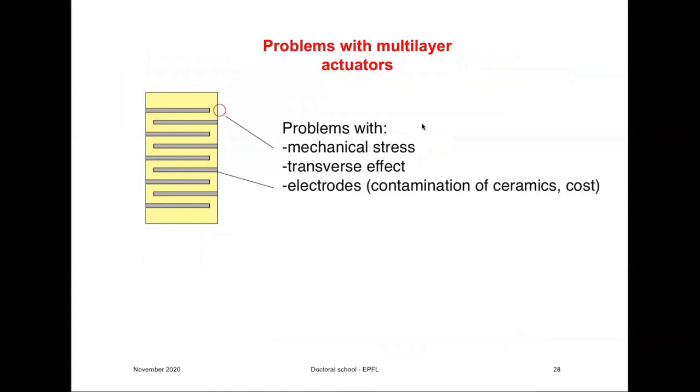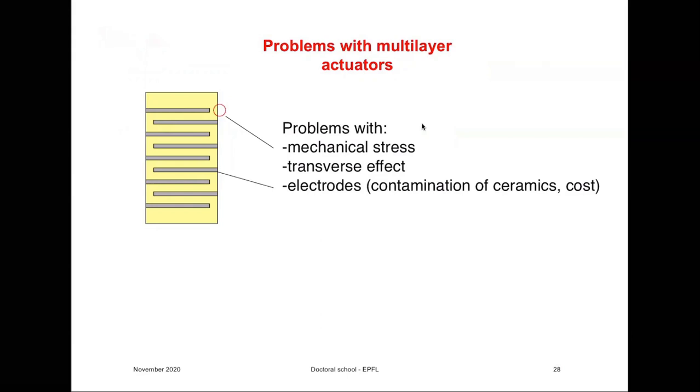A stack of discs is, on one hand, easy to make because electroding is simpler and there are no other problems that I'm going to explain with tape casted actuators, but you have to pile them up, and the tape casted actuators are in that sense easier.